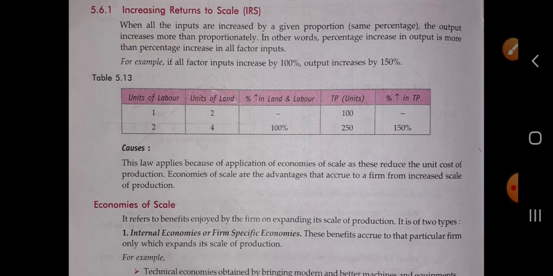Let's start first. Increasing return to scale: when all inputs are increased by the given proportion, the output increases more than proportionally. In other words, the percentage increase in output is more than the percentage increase in all factor inputs, okay.